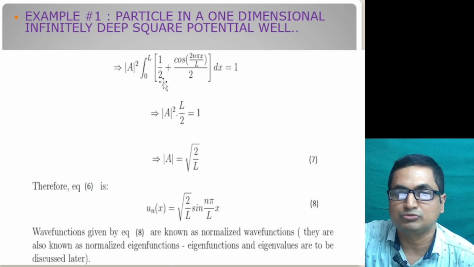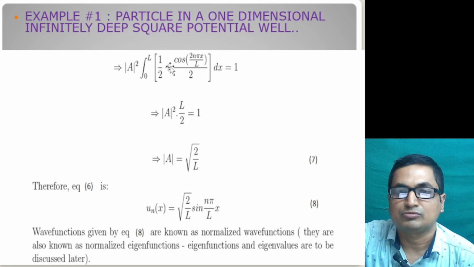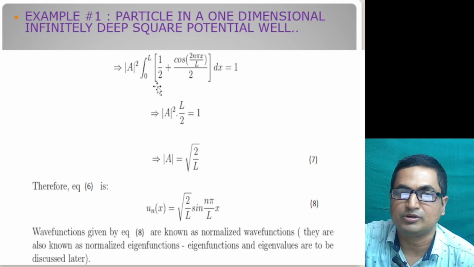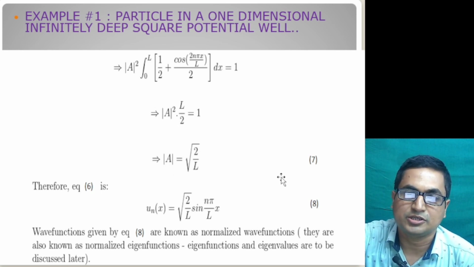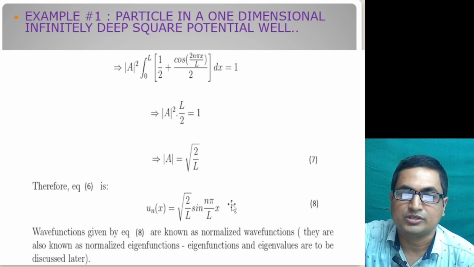To do that, we use sin²(nπx/L) = ½(1 + cos(2nπx/L)). After integration we find the value L/2, and this ultimately gives us the normalization constant A = √(2/L), as given by equation 7. So equation 6 now takes the form u_n(x) = √(2/L) sin(nπx/L), where √(2/L) is the normalization constant A.